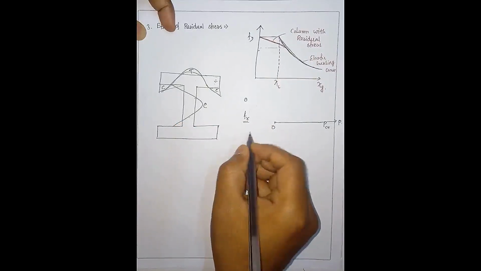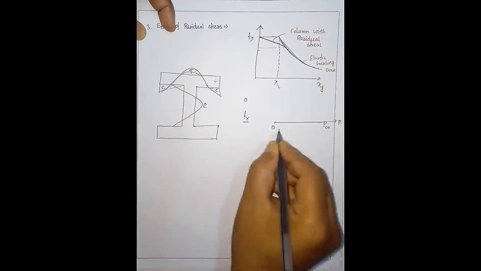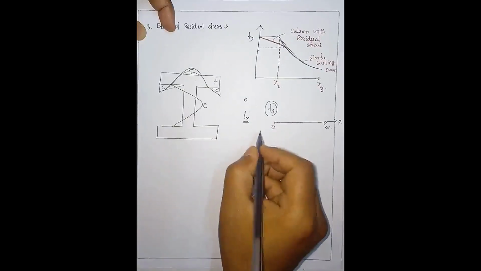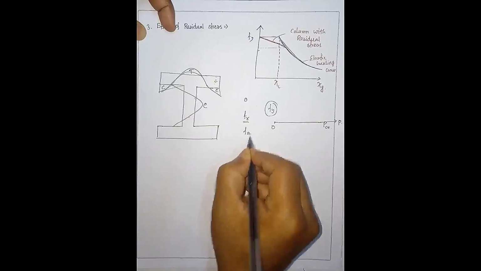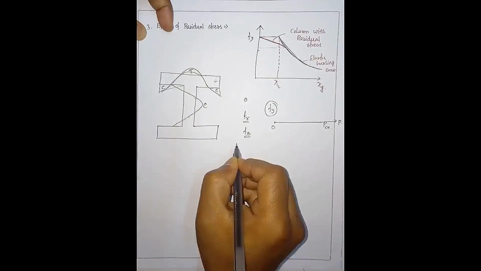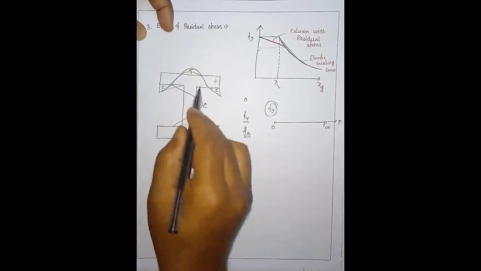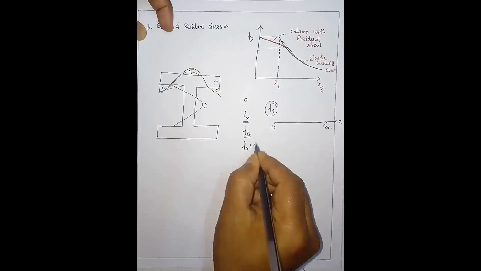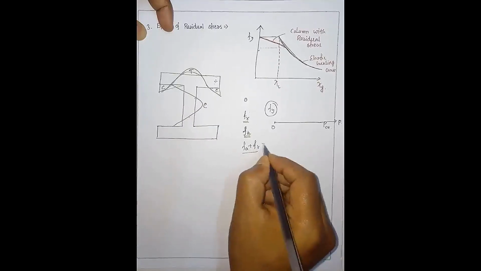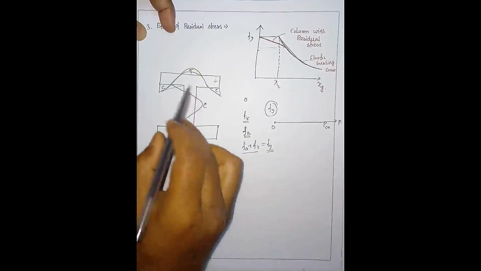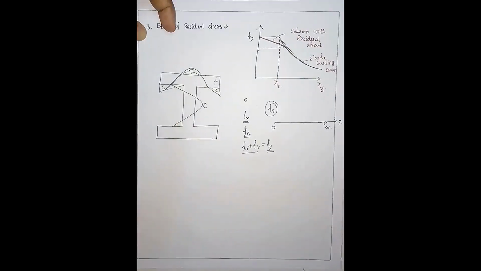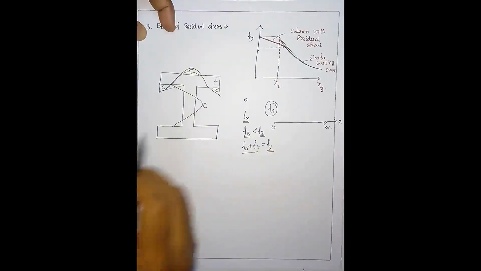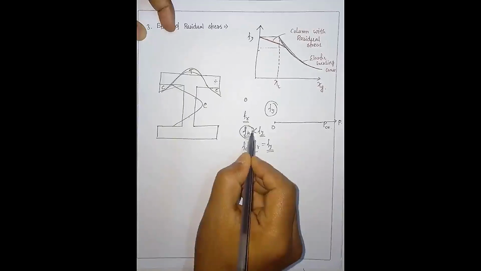Maybe before reaching the yield stress, that is, the yield stress of this material, at some particular stress fa, if this section is subjected to fa amount of stress, then the total stress becomes fa plus fr. Suppose this fa plus fr becomes fy, then this section will fail at these points, even though fa is less than fy.